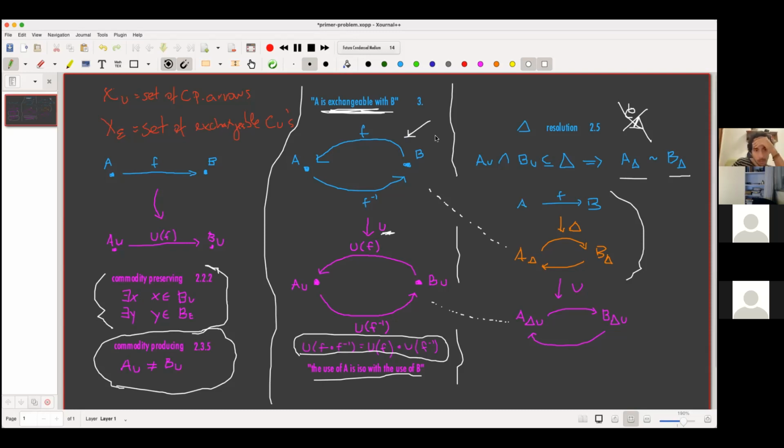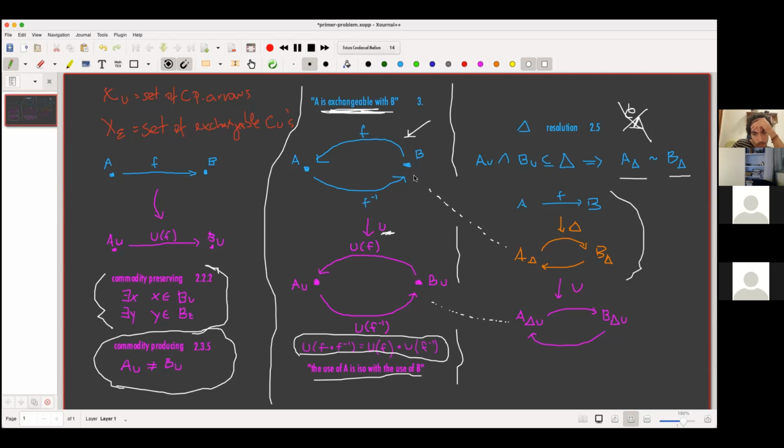So the proposal is to somehow include into the use sets the definition of exchangeability, such that we're basically saying when two things are exchangeable, that's already because there's a resolution that made it that way, if that makes sense. It's not like two things are absolutely exchangeable. It's that we applied the resolution functor such that these two things look the same. But I'm not sure if that fixes all the problems.